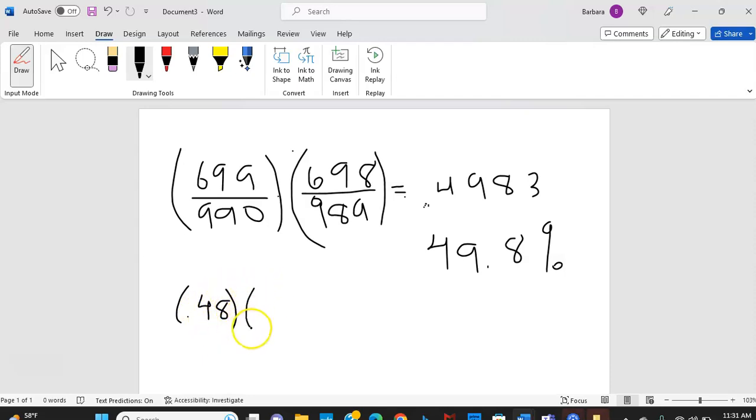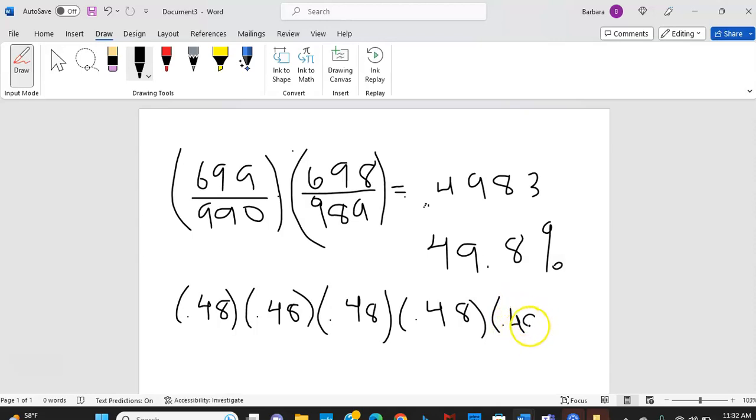There is a 48% chance that the second person is not vaccinated. There is a 48% chance that the third person is not vaccinated, and so on for 5 different people. So we have a 48% chance, or 0.48 probability for each of our 5 people. Okay, so this is the probability that none have been vaccinated.